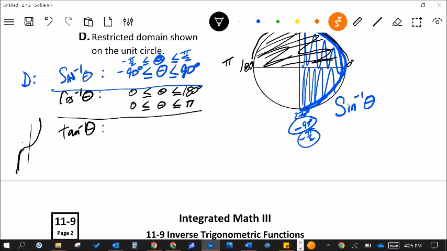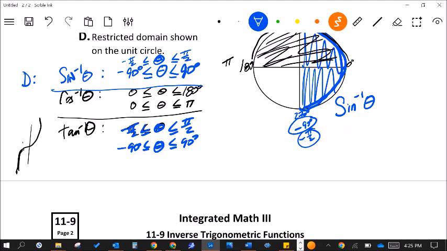So only part of it can be used, or else you're going to have a non-function. So for tangent, we use the exact same one, and negative 90 degrees. So do it both ways here.